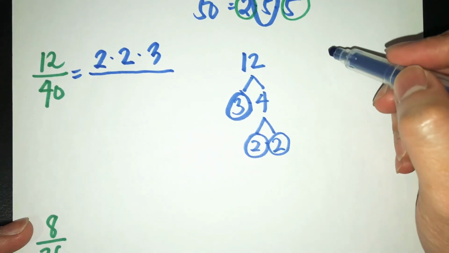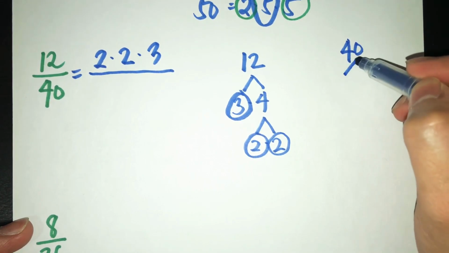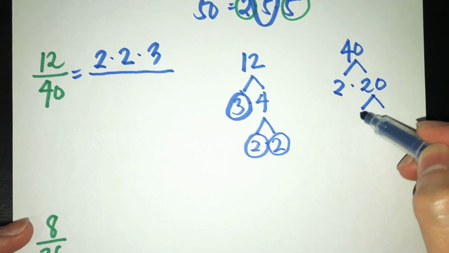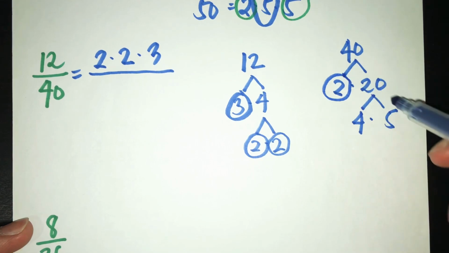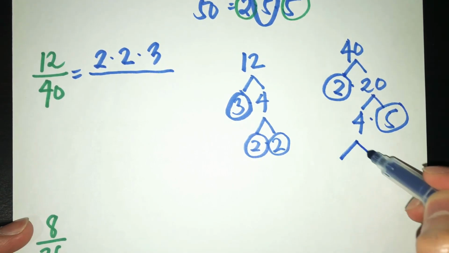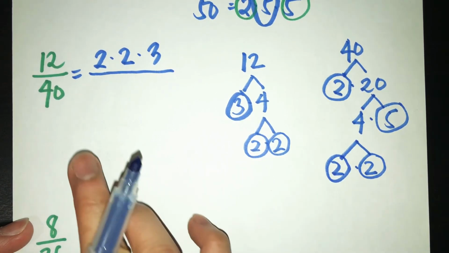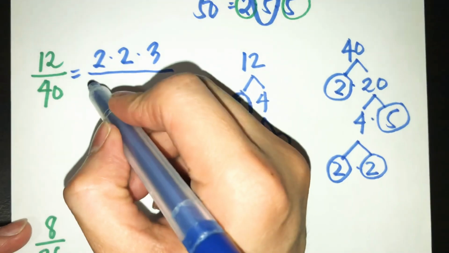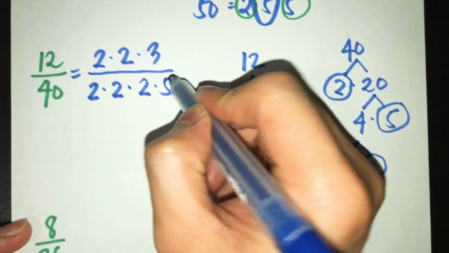Then for 40, we have 2 times 20, then 4 times 5. This one is prime, this one is prime, then we have 2 times 2. So for 40, we have 2 times 2 times 2 times 5.